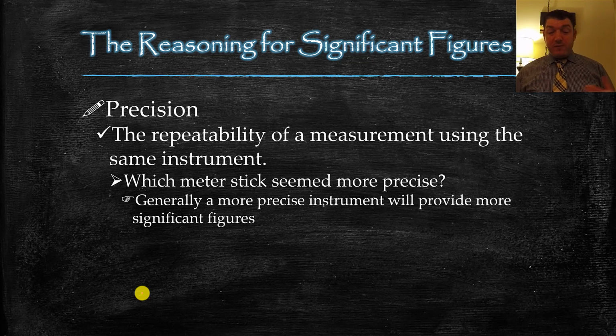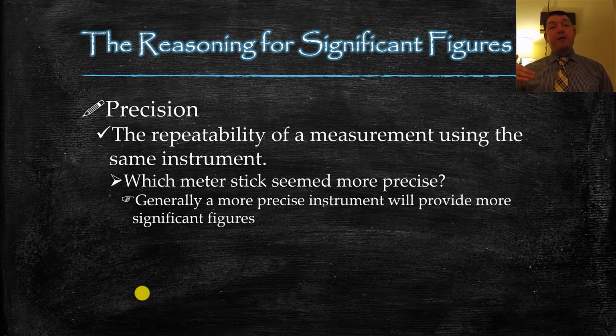Now, precision, which is often used in science, when you say something's precise, we're not necessarily saying it's the true value. We'd like it to be, but that's a little bit different. That's about accuracy. If you're saying something is the true value, you're saying, oh, that's an accurate measurement. When we say precision, what we're really saying is that if different people use the same instrument, they would get the same result or very similar results.